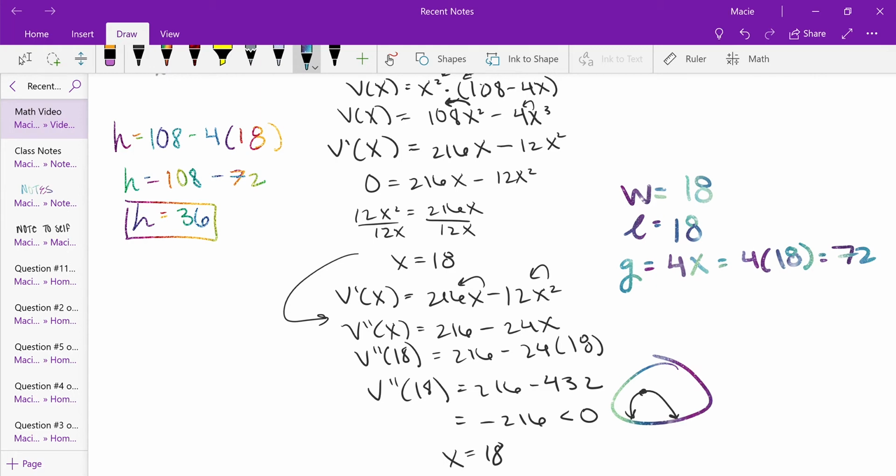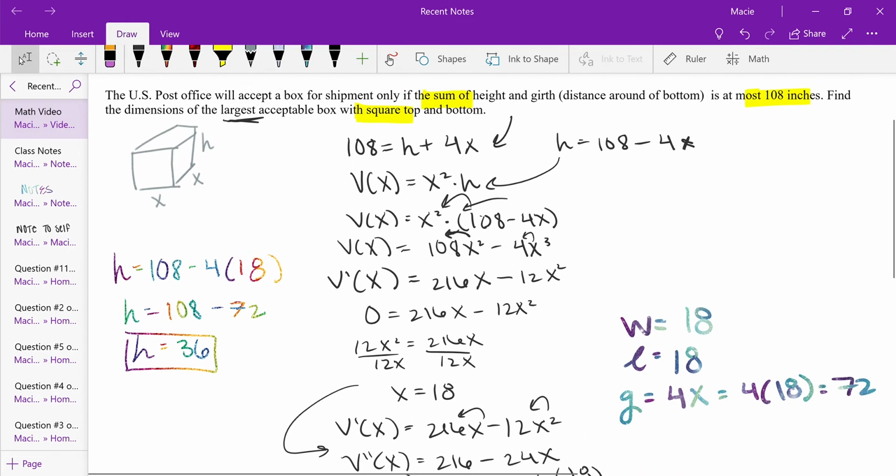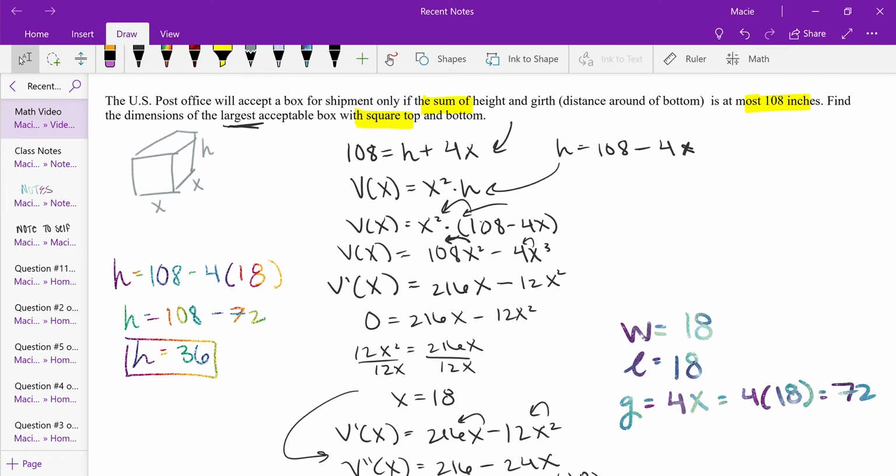Then we plugged it into our original equation to figure out the dimensions. Interpreting the meaning of our answer, the maximum height, width and length that will give us a sum of height plus girth equal to 108 is 36 and 18.